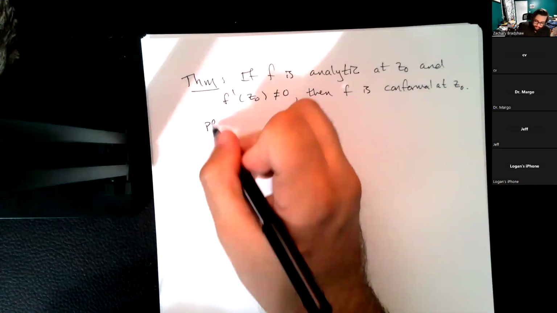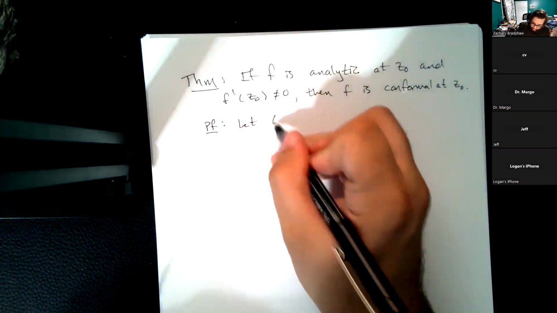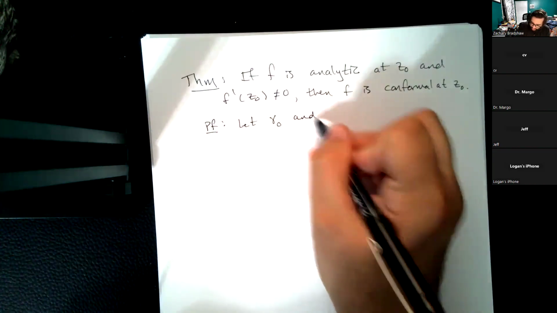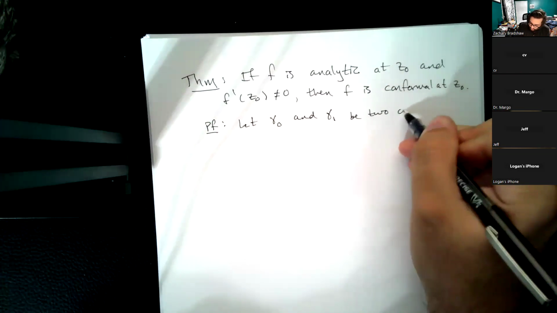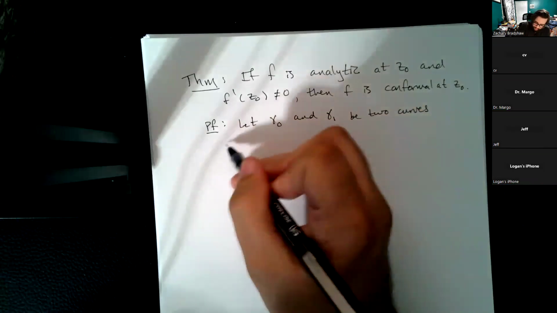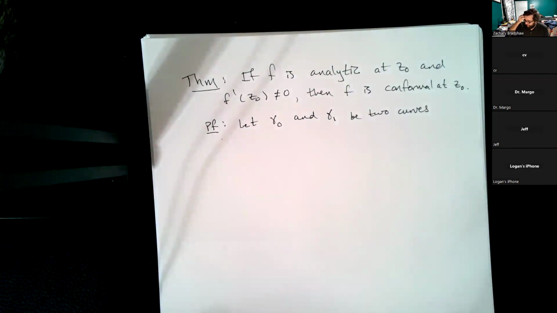So here's the proof. Let gamma 0 and gamma 1 be two curves, both terminating at z0, and we'll assume they have non-zero tangents, all the things we need.